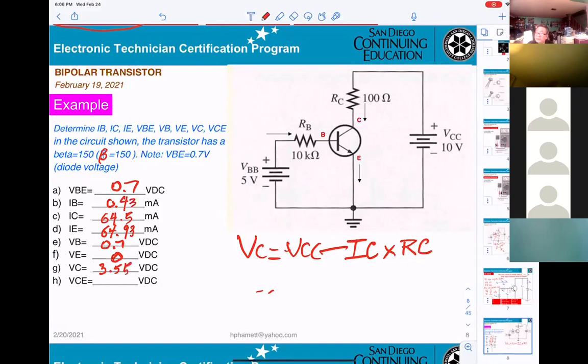And the last one will be VCE. VCE will be equal to VC minus VE. Okay, so 3.55. I get 3.55, right? VE is 0.